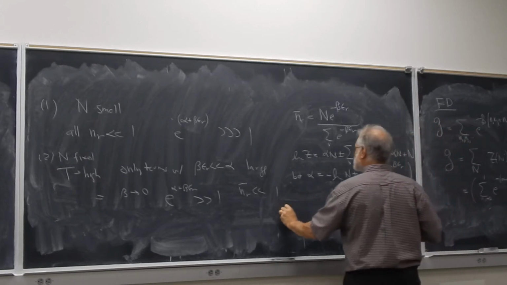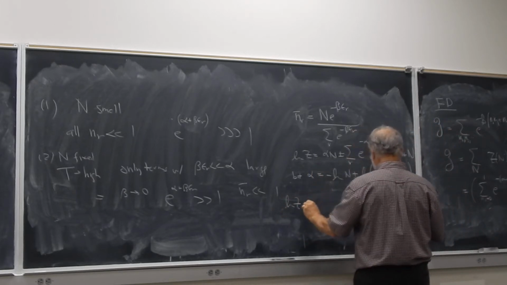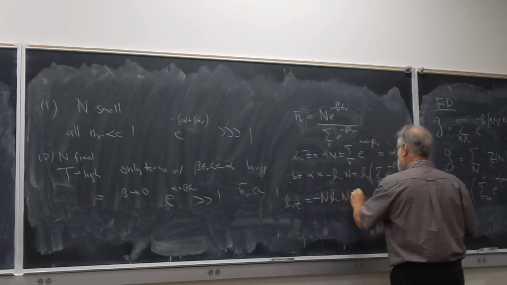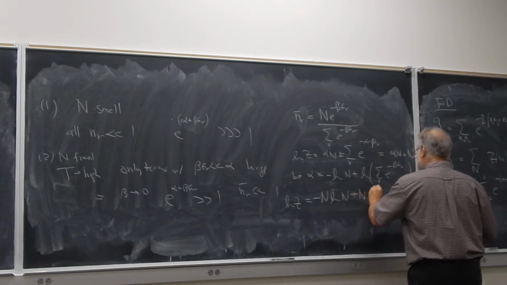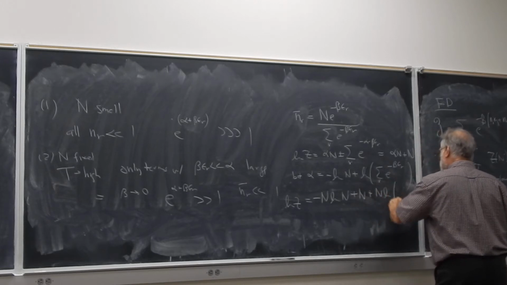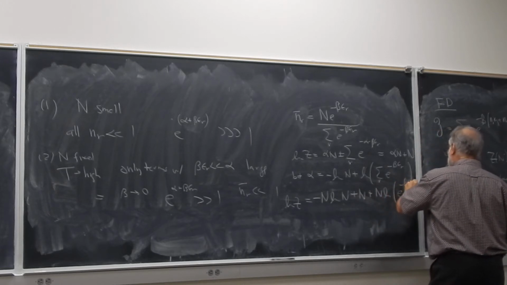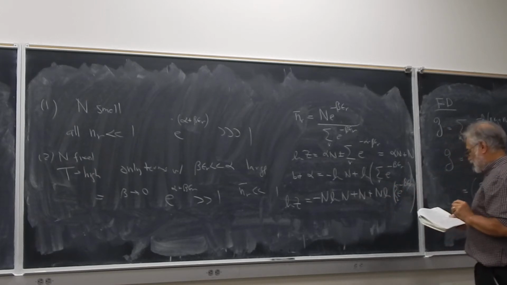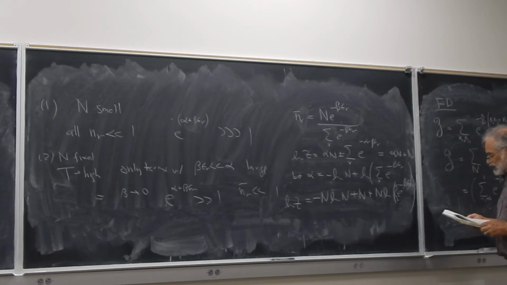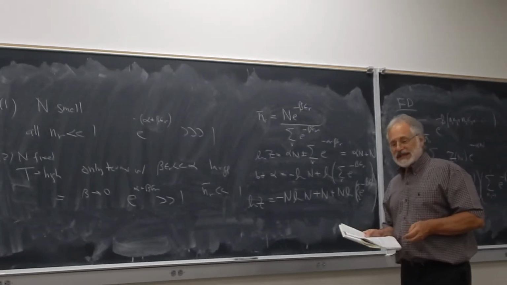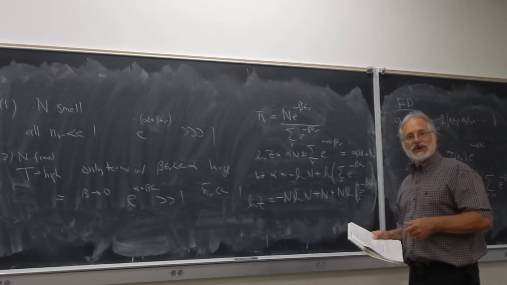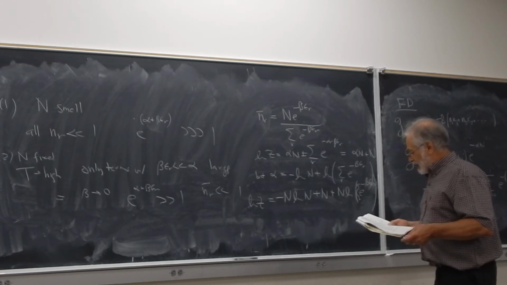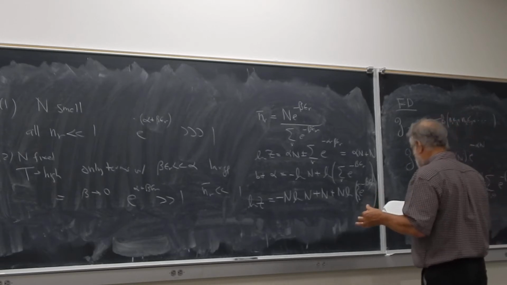Which means log z, if I put these two together, is equal to minus n log n plus n plus n log of the sum over r of e to the minus beta e sub r. Hey, this isn't equal to the log of z for the Maxwell-Boltzmann distribution we did earlier. Not in Boltzmann statistics. Or I should say yes.